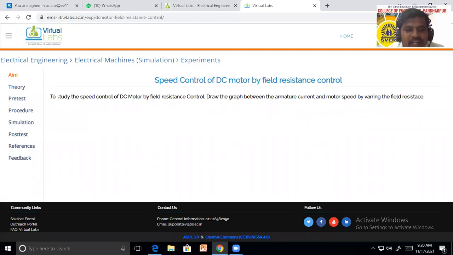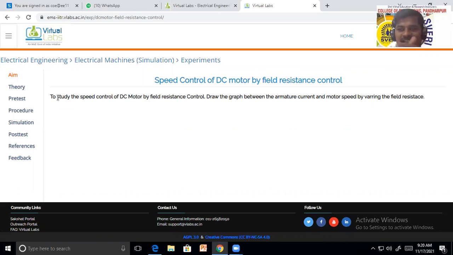Okay, see, the aim of this practical is to study the speed control of DC motor by field resistance control, and draw the graph between armature current and the motor speed by varying the field resistance. All of you keep in mind, while controlling the speed by field resistance control, the armature resistance is at a constant position. We will not vary the armature current, it is constant.